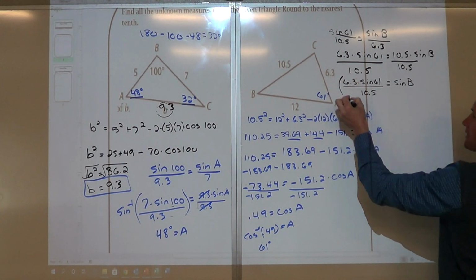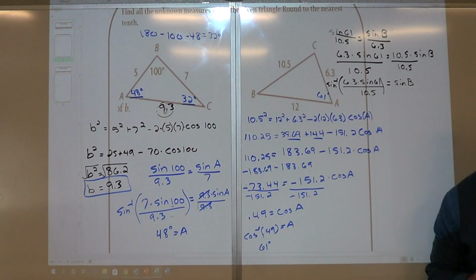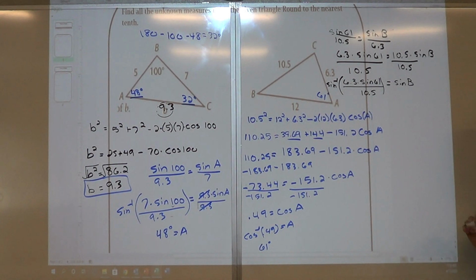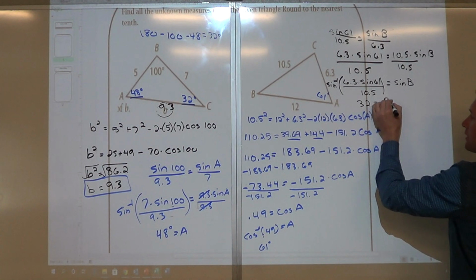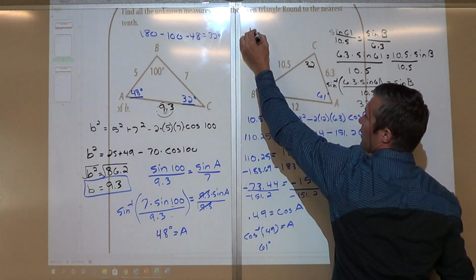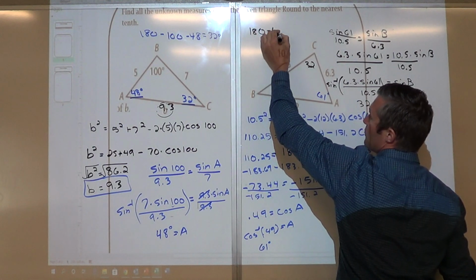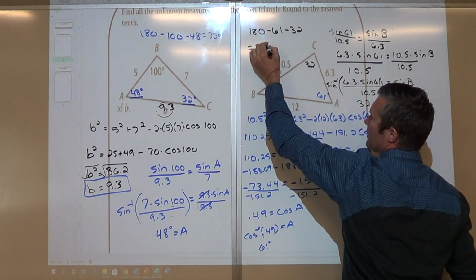So I'm taking the sine inverse of this entire thing. So the inverse sine of that is 32 degrees. So now I have this is 32 degrees, and now 180 minus 61 minus 32 equals 87 degrees.